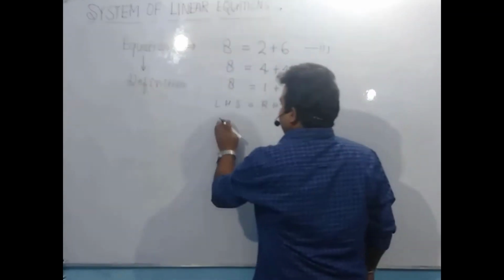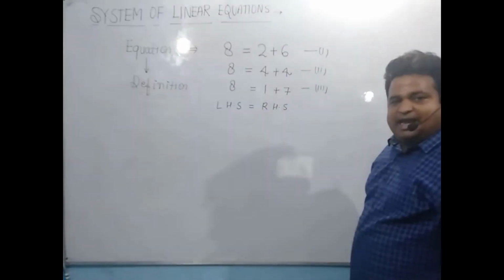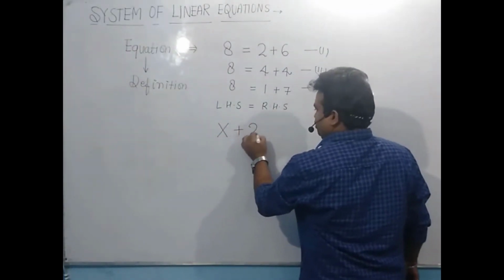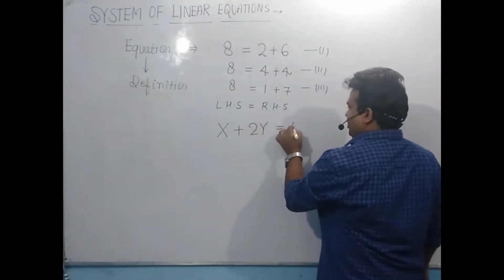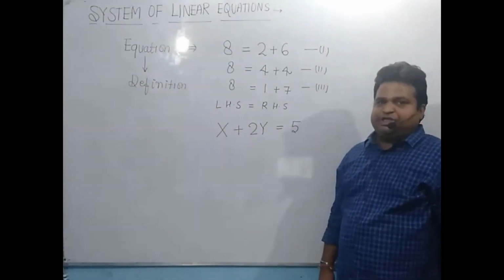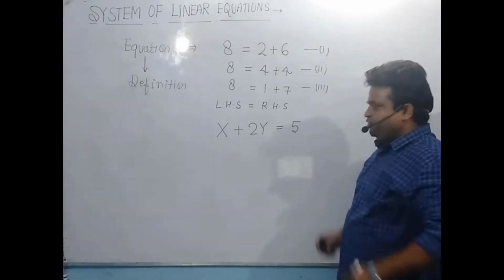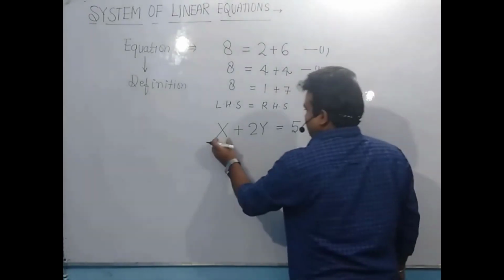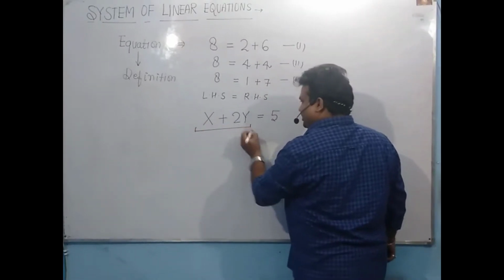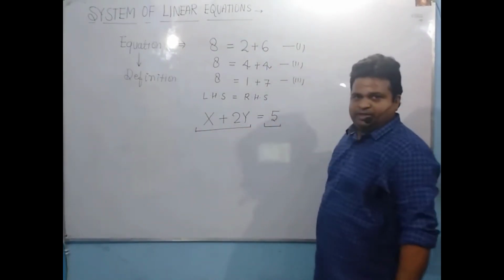In another example I can write my equation like this also: x plus 2y is equal to 5. This is also an example of equation. In this case, the summation of x plus 2y must be equal to 5.